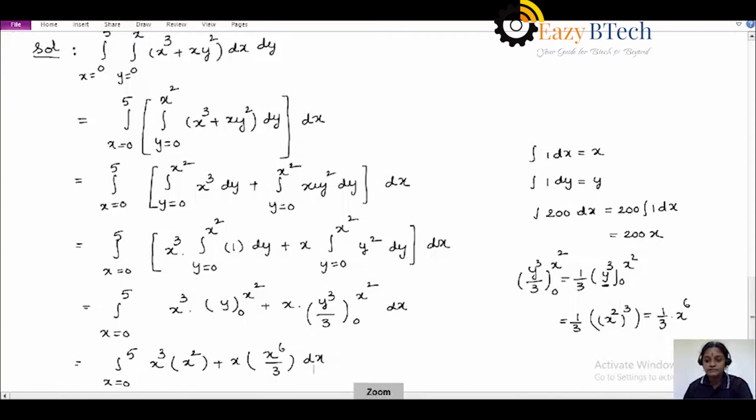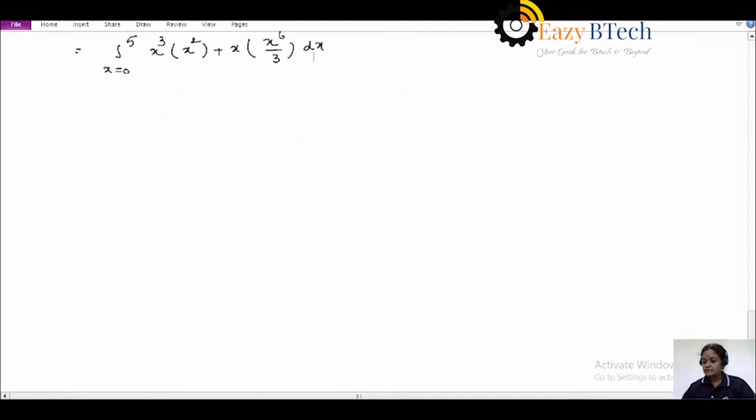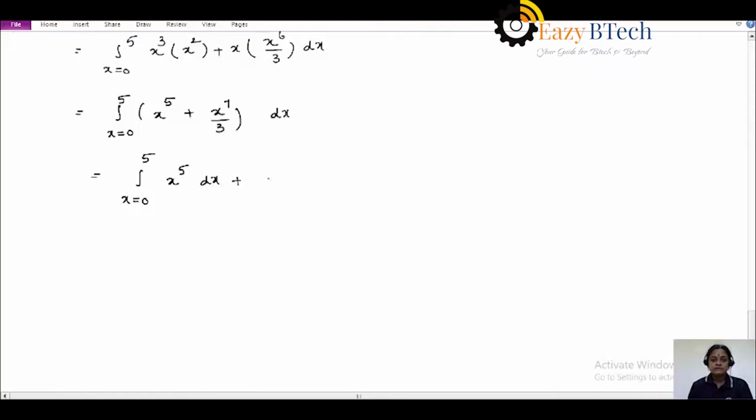Doing the simplification, x cubed into x square is x power 5 here, and again x into x power 6 is x power 7. I am writing integral x is equal to 0 to 5 of x power 5 plus x power 7 by 3 into dx. Divide the integration individually: 0 to 5 of x power 5 dx and integral 0 to 5 of x power 7 by 3 dx.